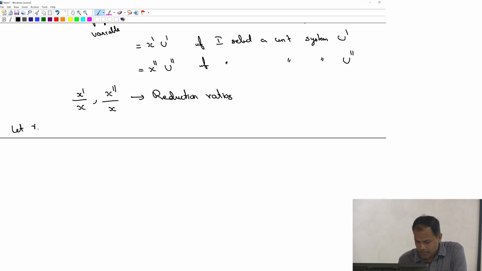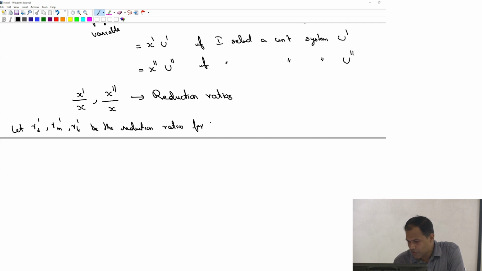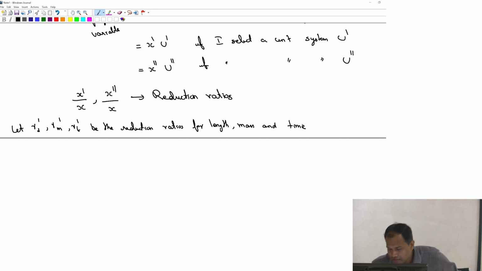Let RL prime, RM prime, RT prime be the reduction ratios for length, mass and time. Okay. So when I define my x, I did not say what it is, it's some physical variable.